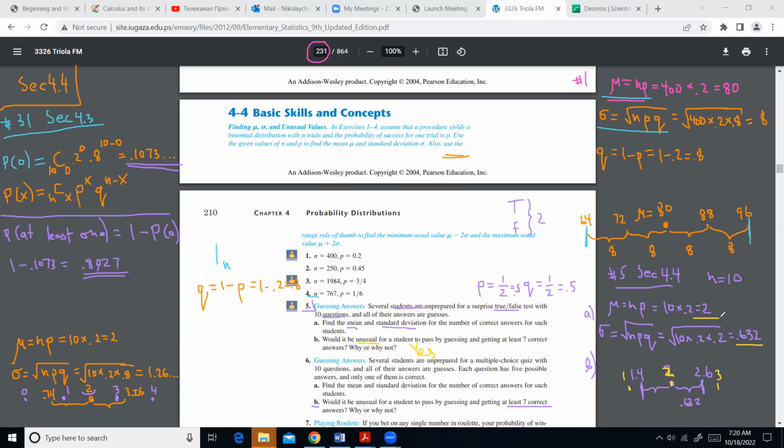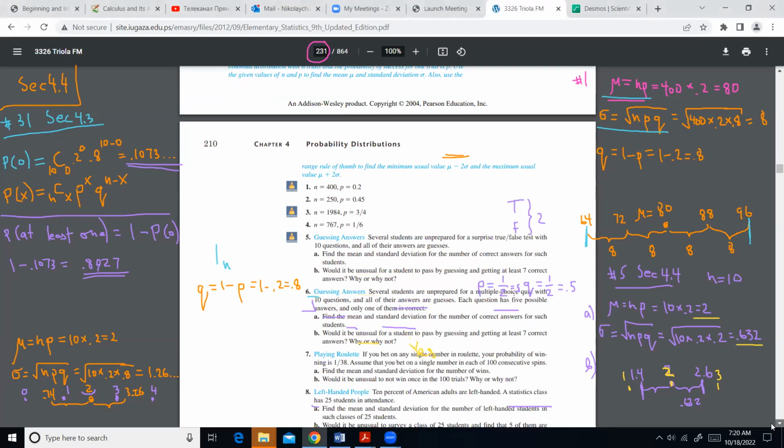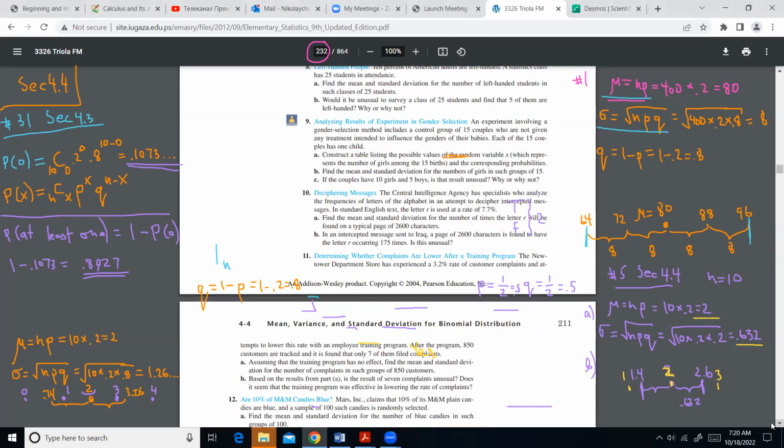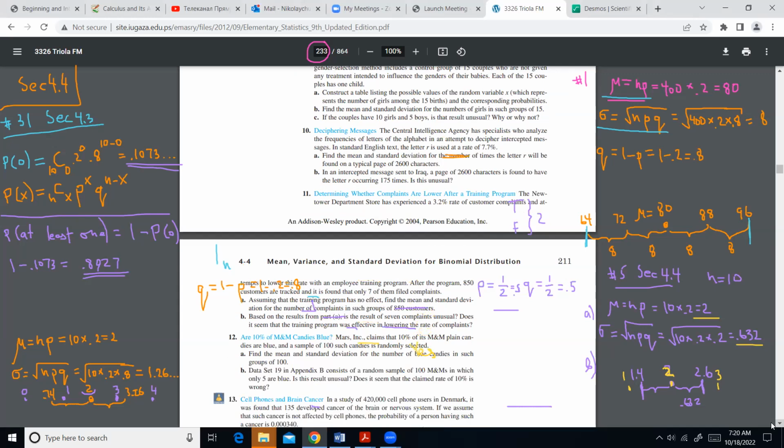And the good thing about using these formulas is that they're pretty compact. So I can try another exercise here, and then maybe you can try one. How about problem number 12 that talks about M&M candies?